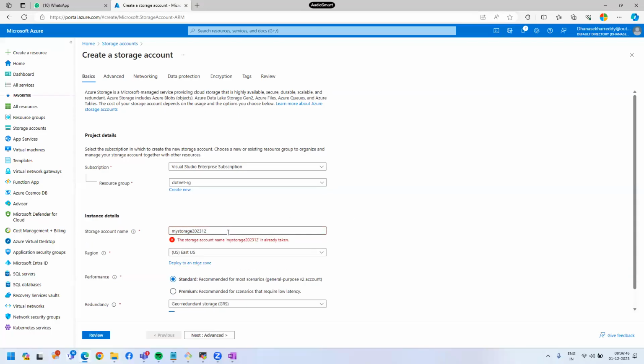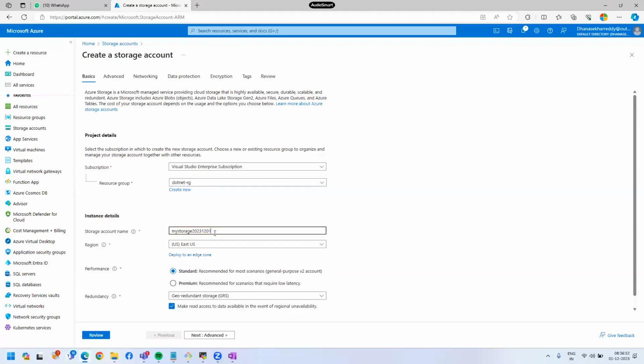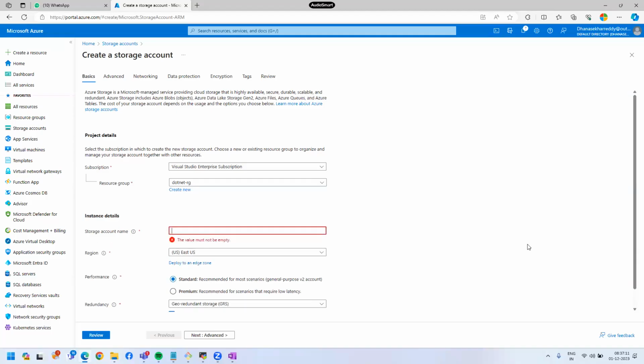December 1st. Even when I give my storage year and month, it has been taken. Today is December 1st. So I am giving my storage, 2023 is the year and the 12th month, December 1st, I have given, so it is accepting that name. Or else try to verify another name.